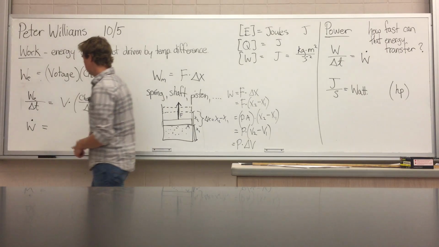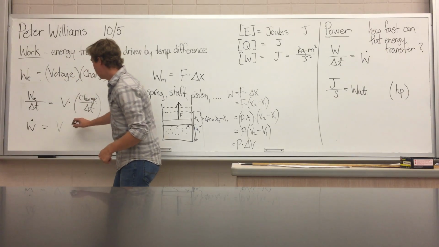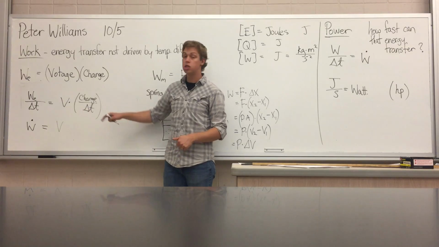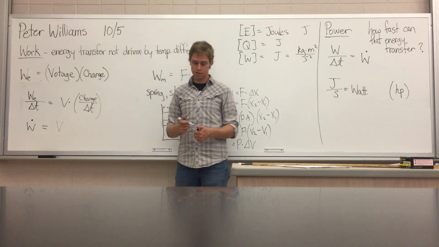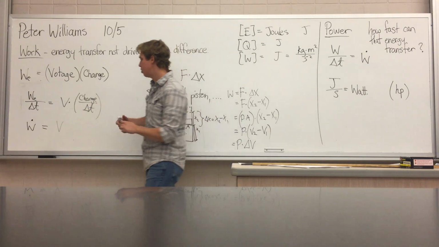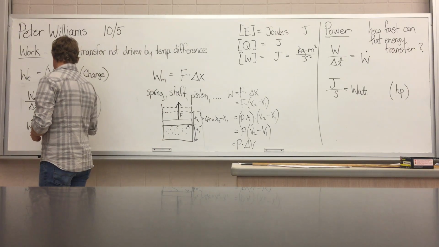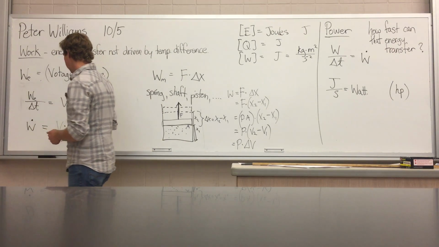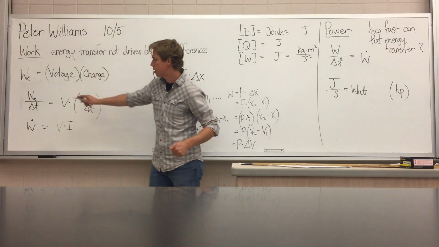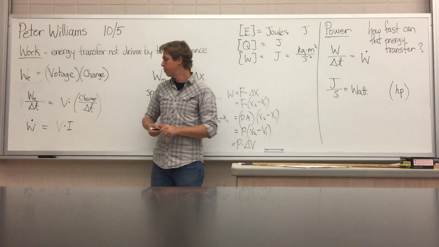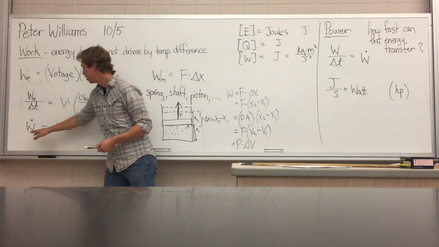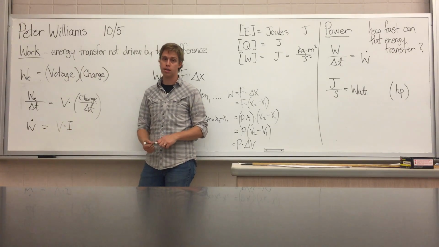Remember, W dot is the symbol for power. And we have our voltage there, and then charge per unit time, well, that's current. And so you remember that the SI unit for current is the amp, and the symbol for it is I. So this is a very familiar formula, and it says that electrical power equals voltage times current.